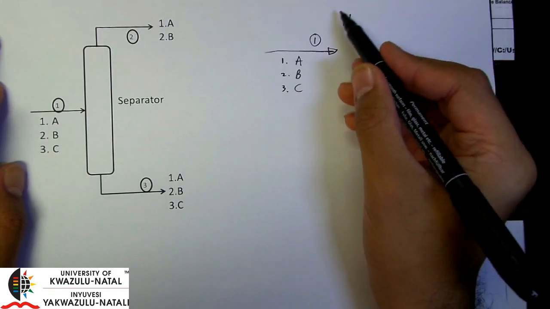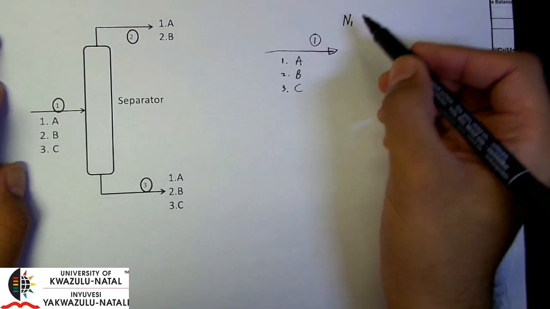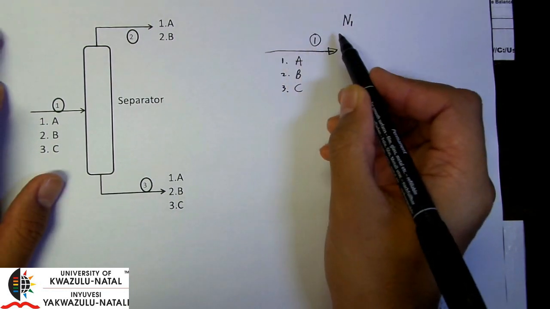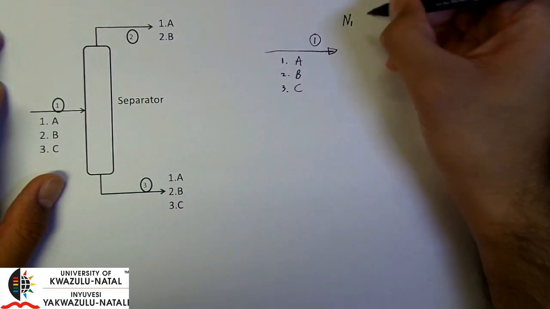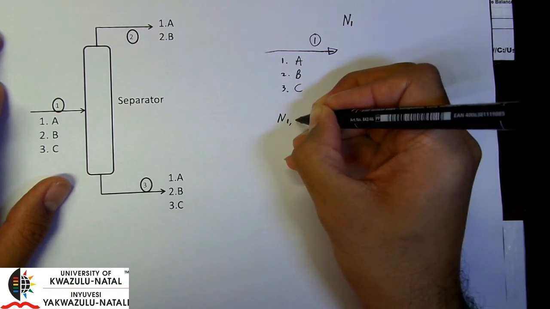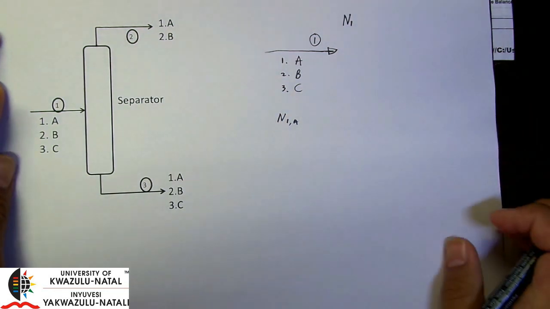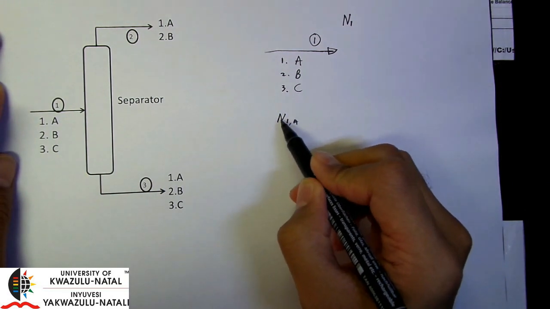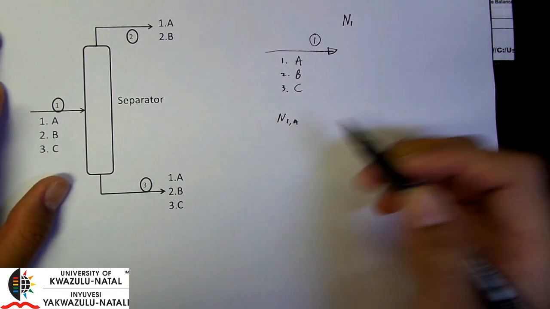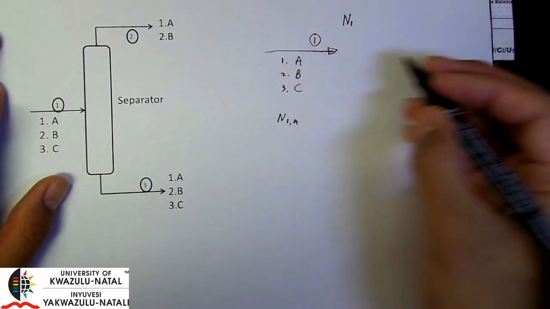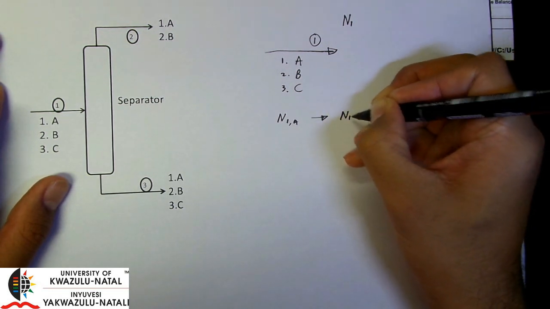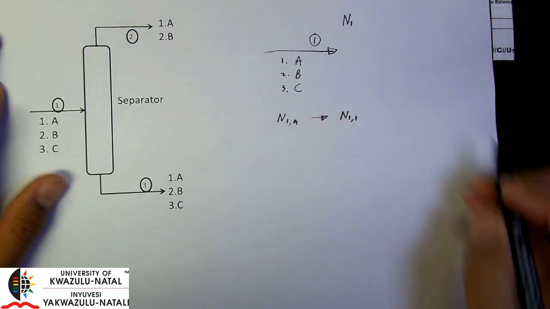Now if I want to perform calculations on the flow rate of just component A in stream 1, then we can use the notation N1,A. Okay, and this denotes the flow rate of component A in stream 1. Since I am numbering the components, I could also write it in this fashion, N11.